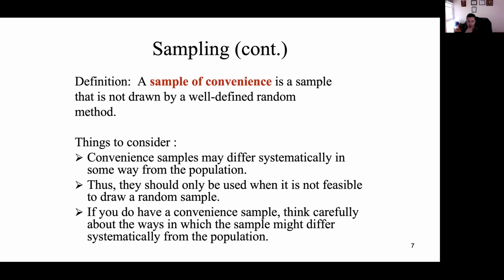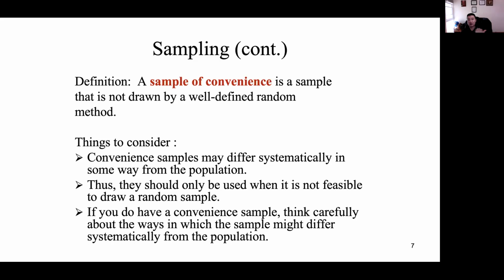As a result, it should only be used when it is not feasible to draw a simple random sample. And if we have a convenience sample, we should think very carefully.